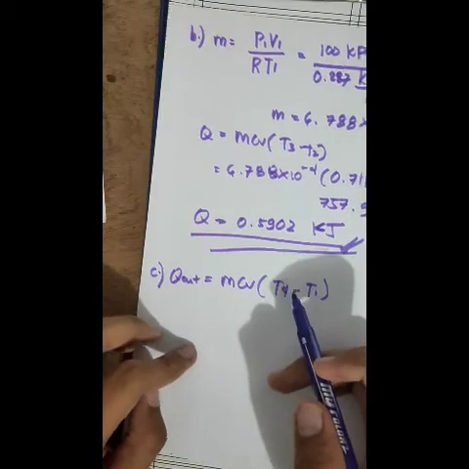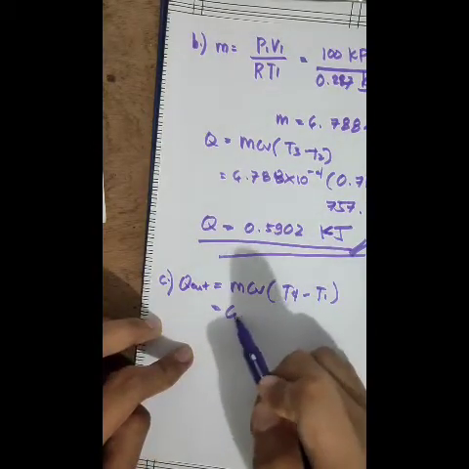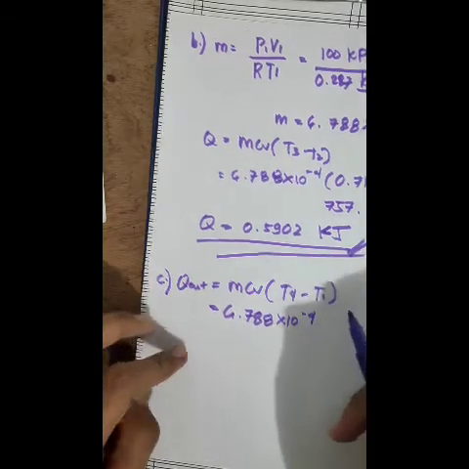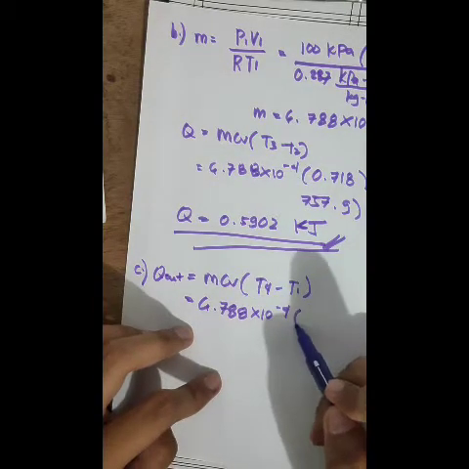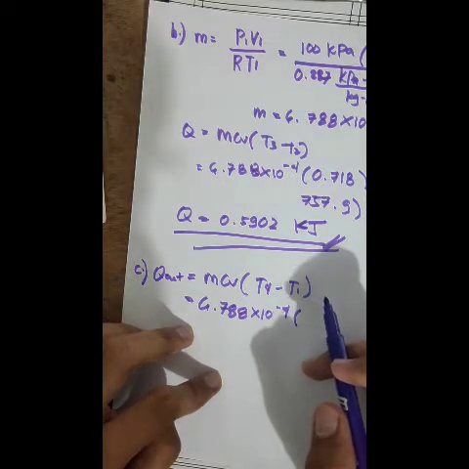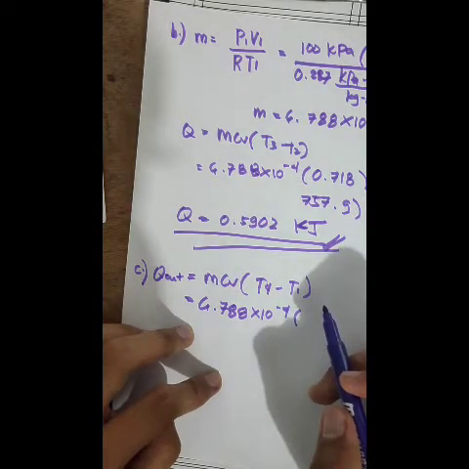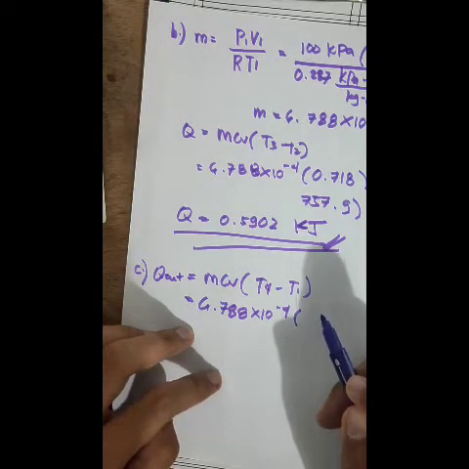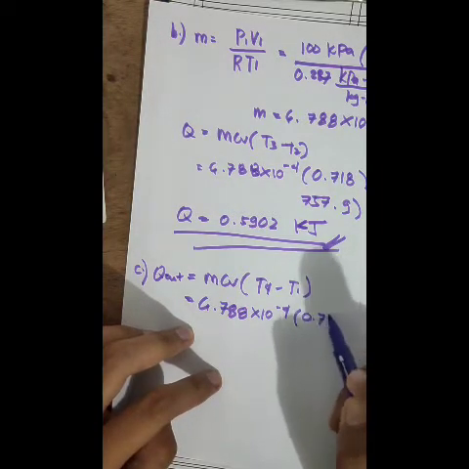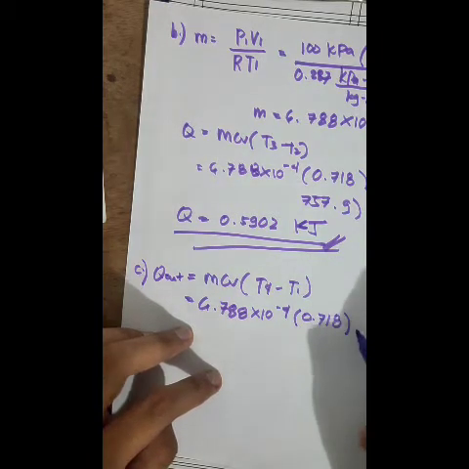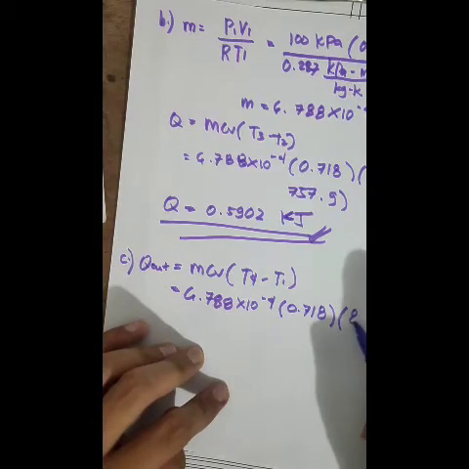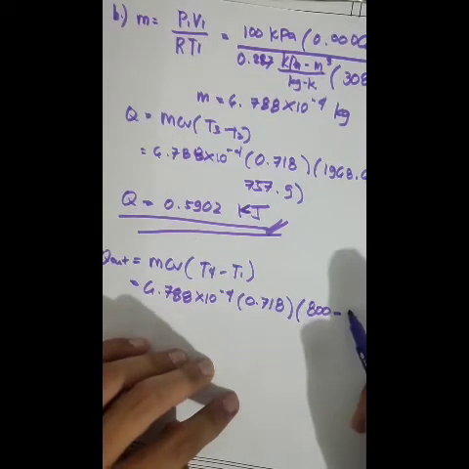So mass is equal to 6.788 times 10 raised to negative 4, Cv is equal to 0.718, multiplied by T4, which is 800, minus T1, which is 308 Kelvin.